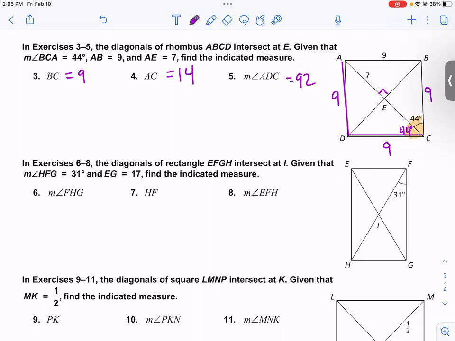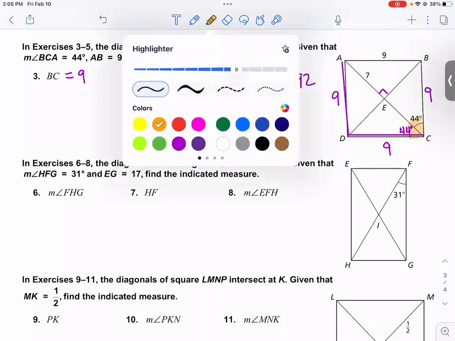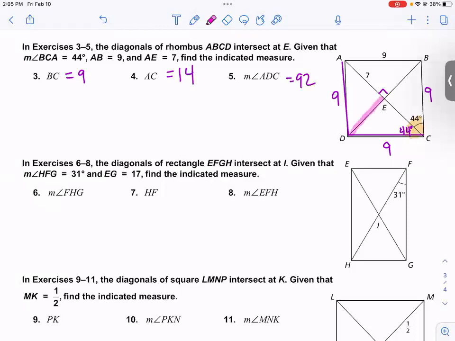I have a question for you. What if I asked you for the measure of DE? What would we have to do to solve for the measure of DE?